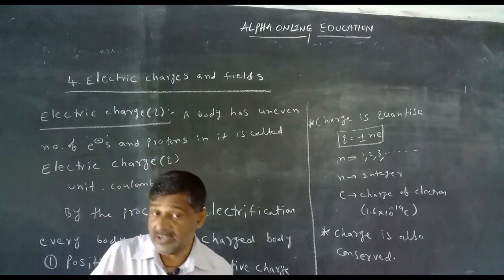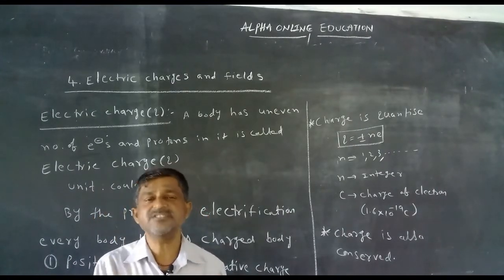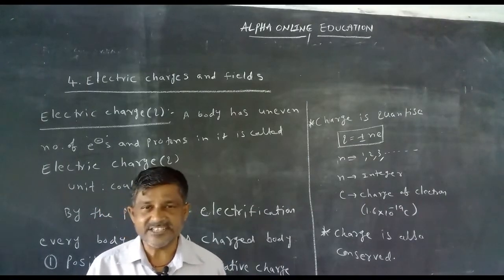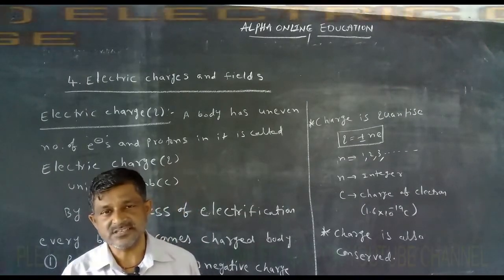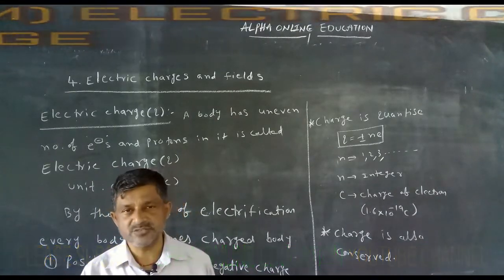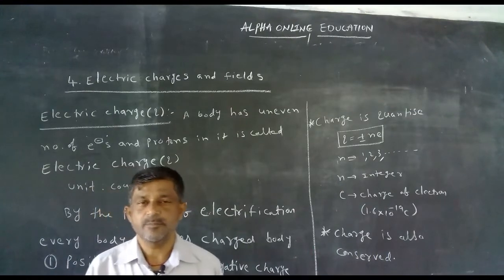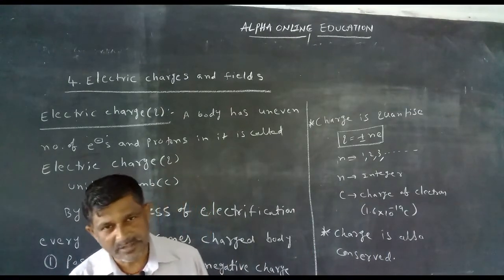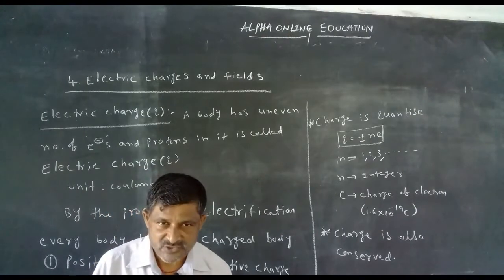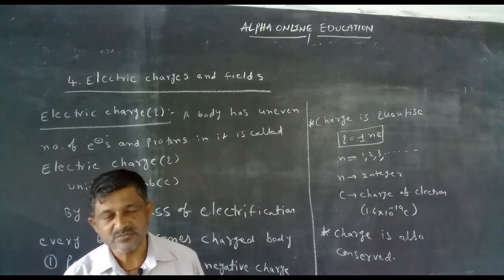How much attractive force and how much repulsive force? For that, the scientist Coulomb derived an inverse square law. Coulomb's inverse square law is an important 4 marks question in this chapter, and based on it, we want to discuss a number of problems.